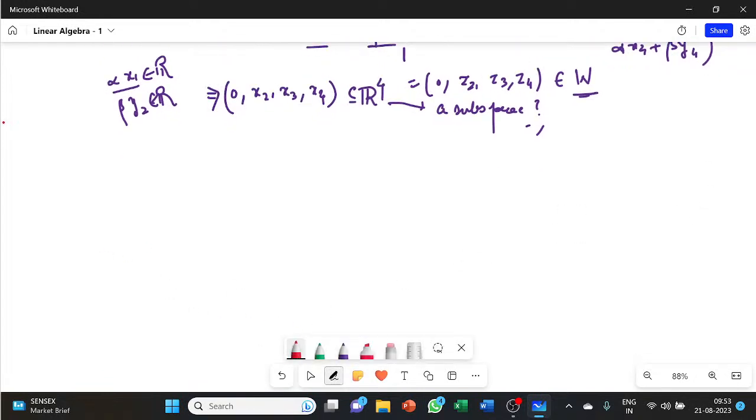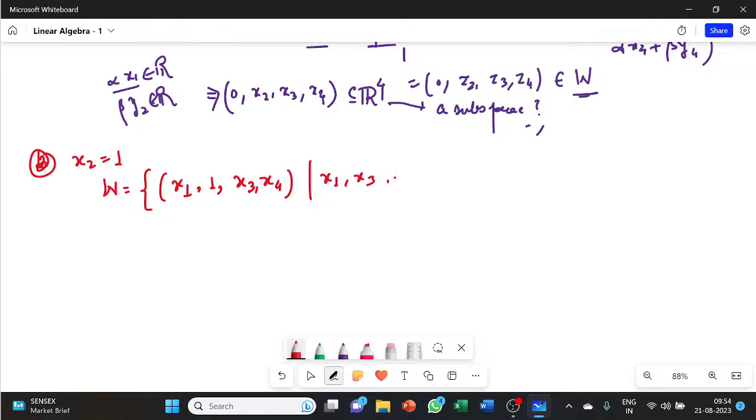Let us see. Option number 2 suggested that we keep the coordinate x2 as 1. So first let us write what kind of space that is. We are talking of a subset W of R power 4, which is defined in this manner: x1, 1, x3, x4, where x1, x3 and x4 belong to R.